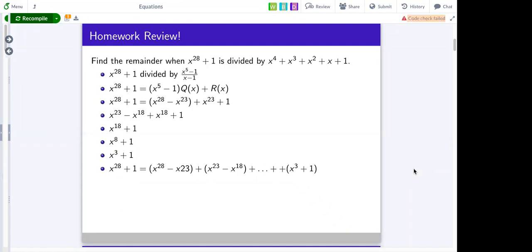Every term in the sum except the last is divisible by x to the 4th plus x cubed plus x squared plus x plus 1, because every term is divisible by x to the 5th minus 1. So the remainder is just x cubed plus 1. Daniel, I think you have an extra plus sign. Yeah, I just noticed that.